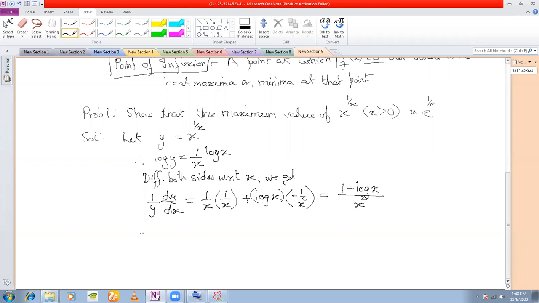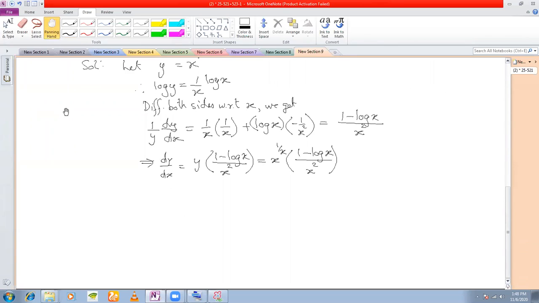That means dy dx is equal to y into 1 minus log x by x square, which is equal to x to the power of 1 by x into 1 minus log x divided by x square.